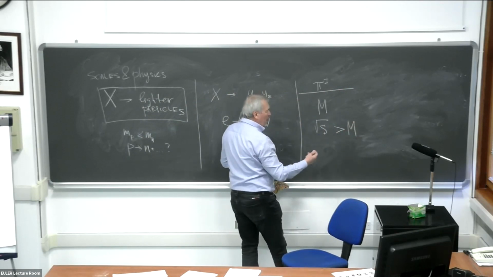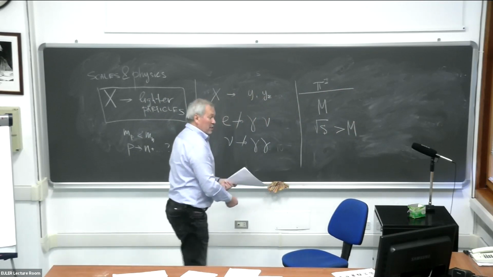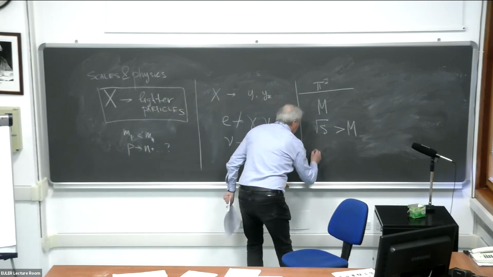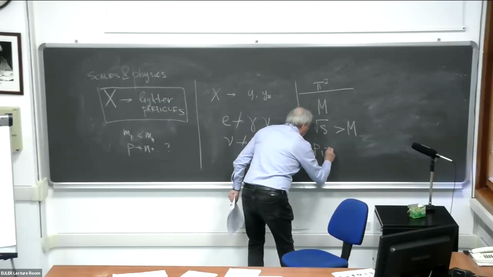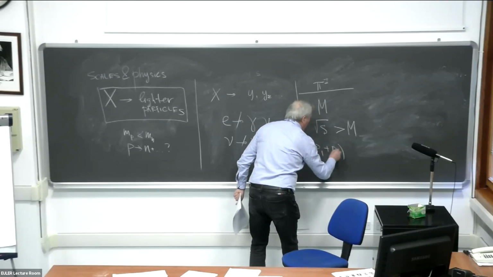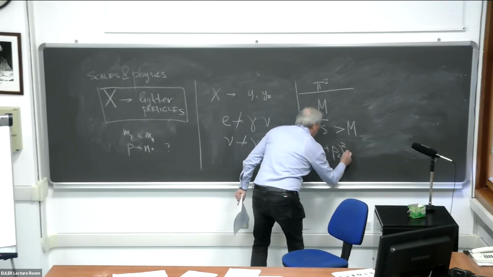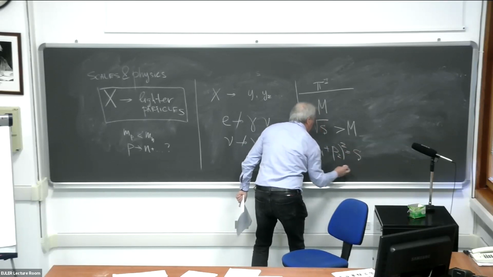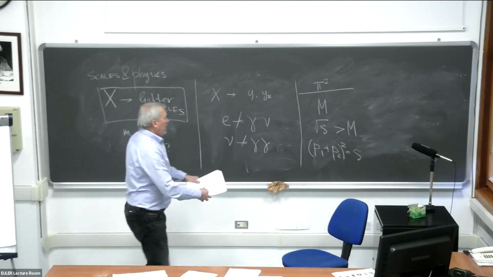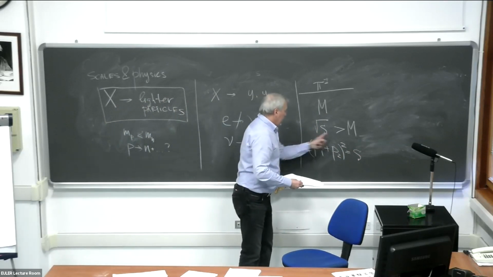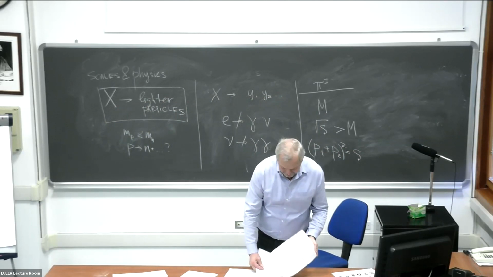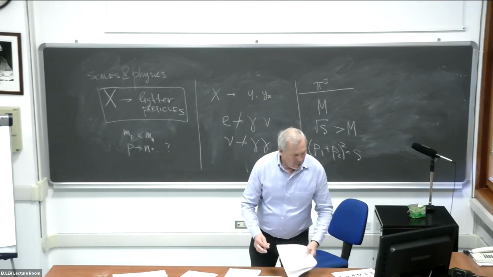So if you have two particles, if you collide, for instance, two protons, like at LHC, then this invariant mass is P1 plus P2, and these are four-momenta squared. And this is what we call S. And this amount of energy, taking the square root of this, should be bigger than the mass of the particle. So we will discuss this later. Now, questions?